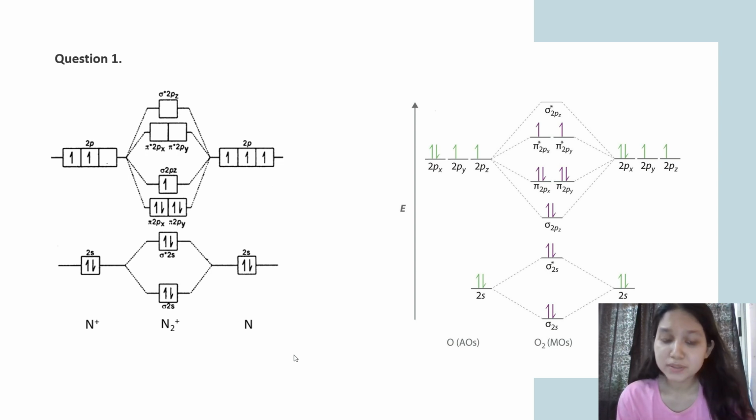If you count the electrons, sigma 1s possesses 2 electrons, sigma star antibonding possesses 2 electrons, followed by 4 electrons in the pi 2px and pi 2py orbitals, and then sigma 2pz will have 1 electron. So the total number of electrons present in this N2 plus species is 9.